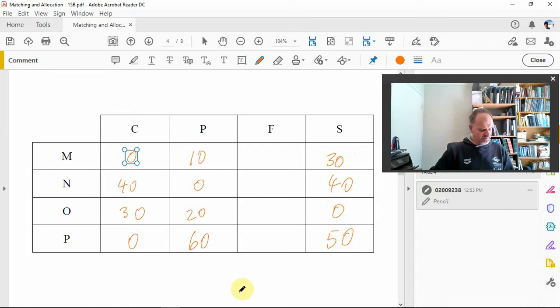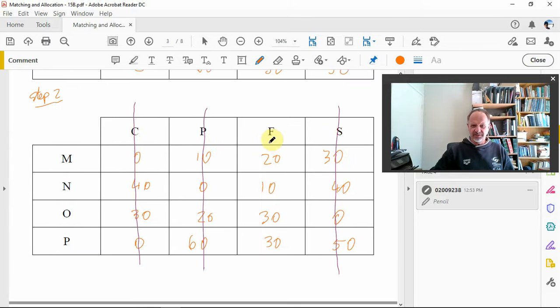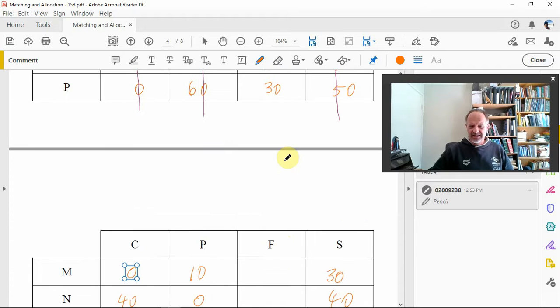And then this finishing column, that's the one that doesn't have a line in it. So we have a look at that and go, okay, the lowest number there is 10. So I'll take 10 from each of these numbers. 20 take 10 is 10.